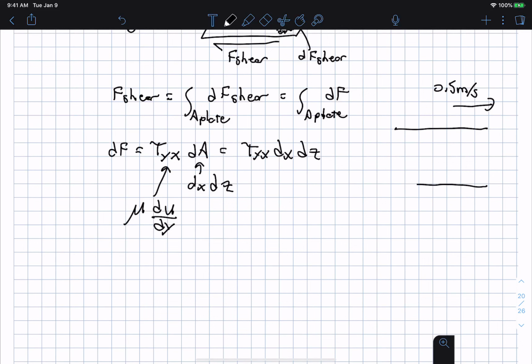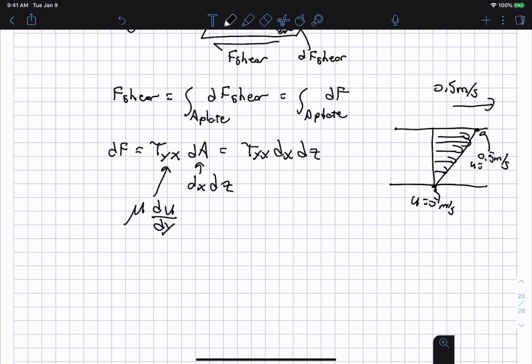And we have a bottom plate where the fluid velocity is equal to 0. We are told that the velocity profile is linear. So the velocity profile looks something like this. We have u equals 0.5 meters per second here, and u equals 0 meters per second down here, and there's a straight line connecting those.